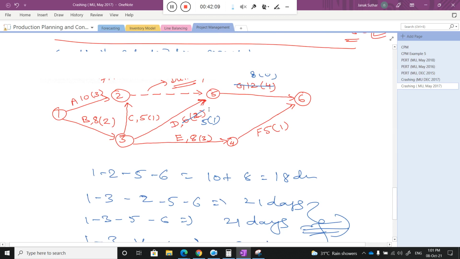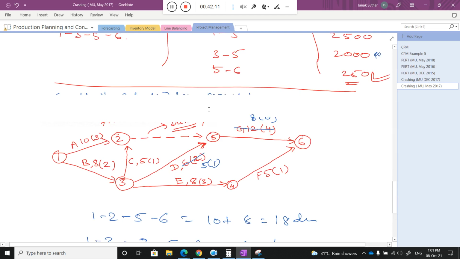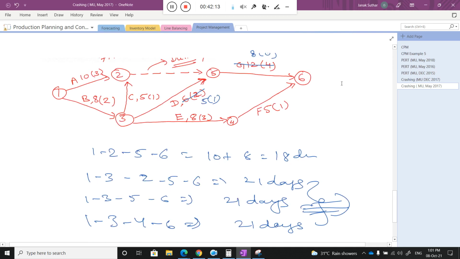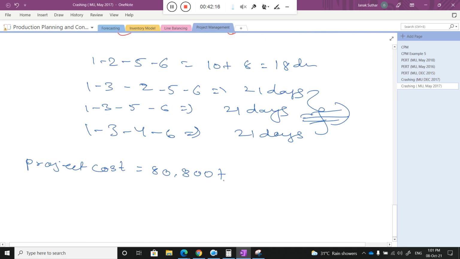For that how much do I need to pay? 2,000, right? And I reduce by 1 day. Per day reduction cost is 2,000. So 2,000 into 1 plus the indirect cost decrement, that is 400 into 1, minus 400. Can you do the calculation quickly? 400. Now my cost is increased.